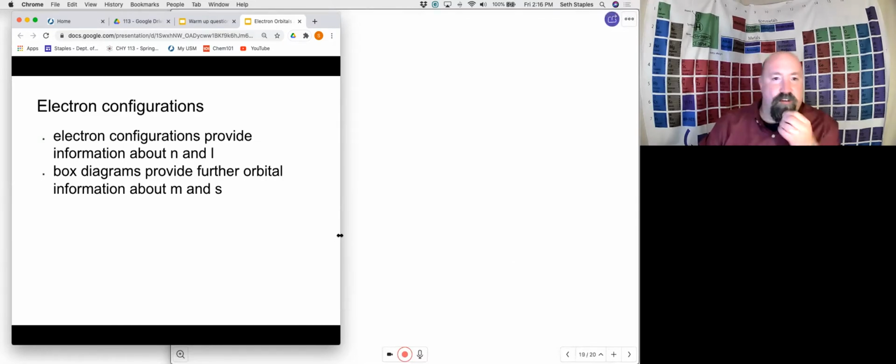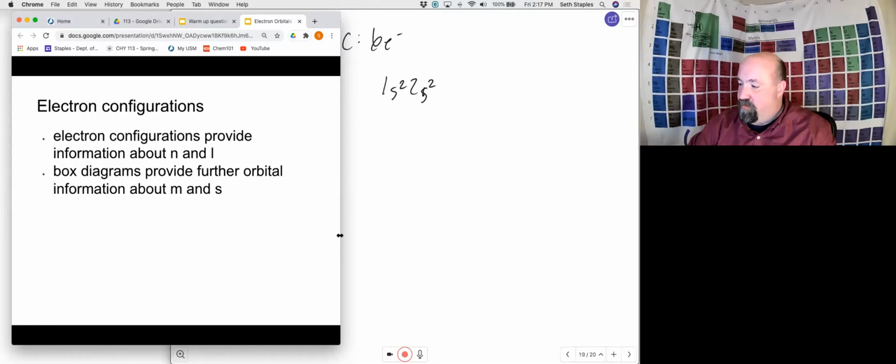So electron configurations provide us information about N and L for our quantum numbers. Let's see what that means. Let's look at something a little bit easier like carbon with its 6 electrons, 1s2, 2s2, 2p2.